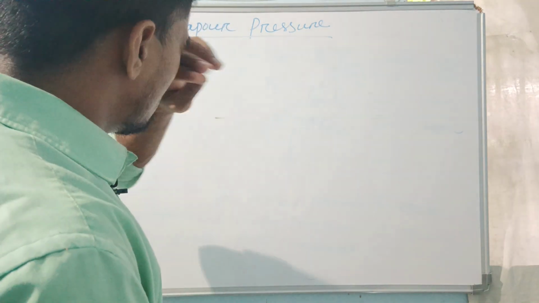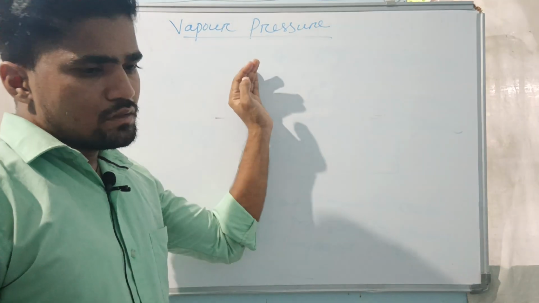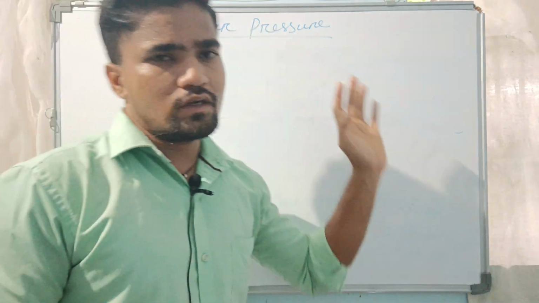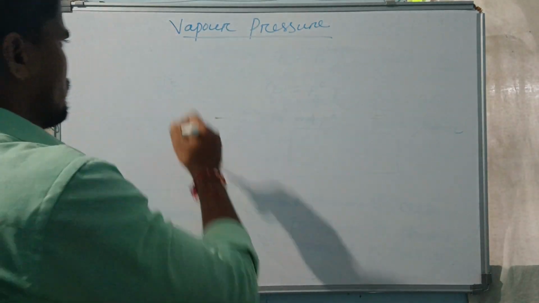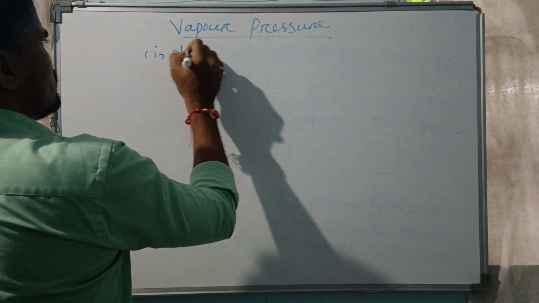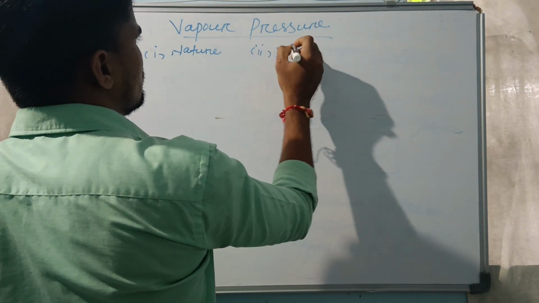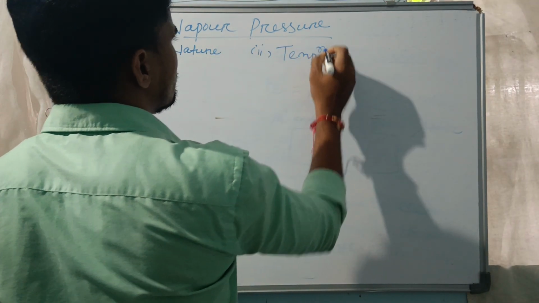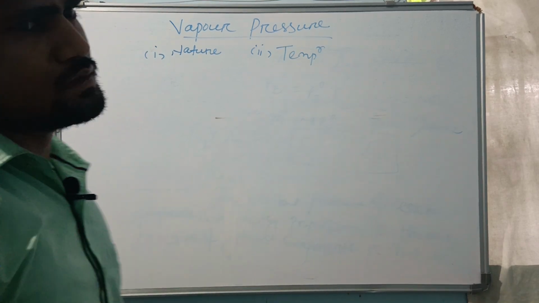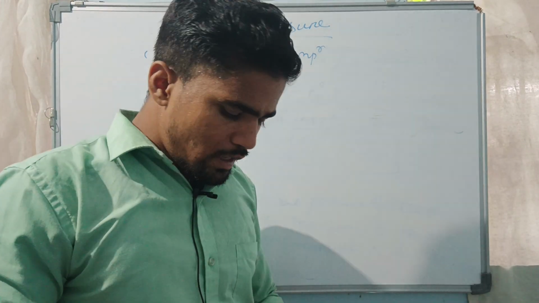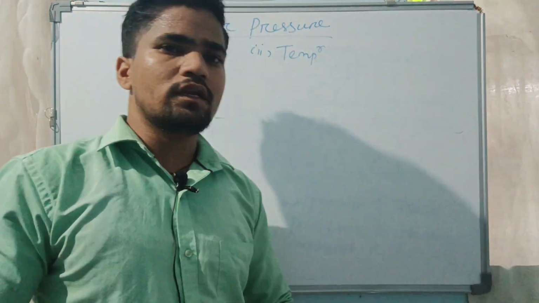Okay, and vapor pressure depends upon two factors. First one, nature of liquid, and second one, temperature. These factors affect vapor pressure. And vapor pressure will be studied in two systems.